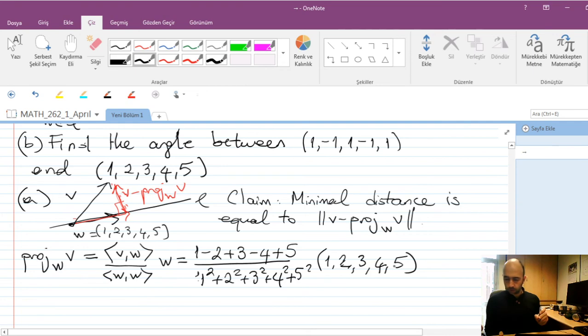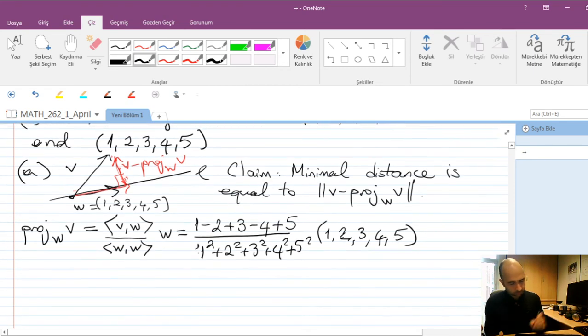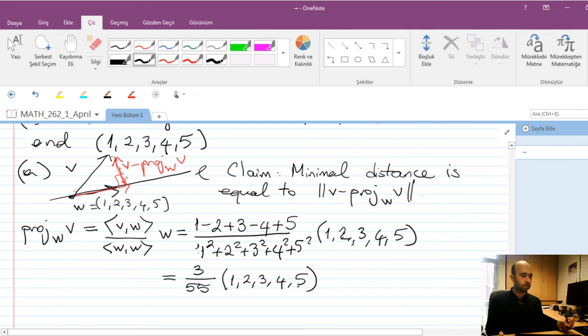Okay, so this is some funny rational number like 3 over 55, if I didn't make a mistake here, times (1, 2, 3, 4, 5). Okay, this is the projection.